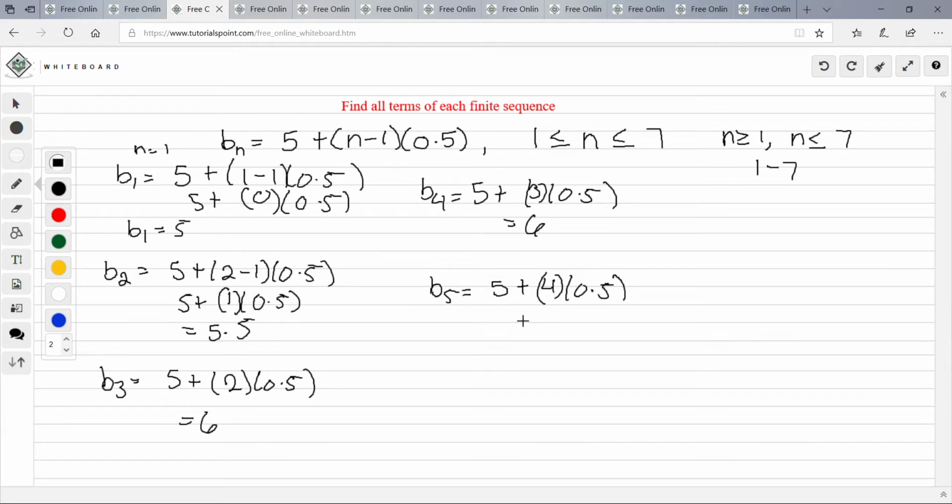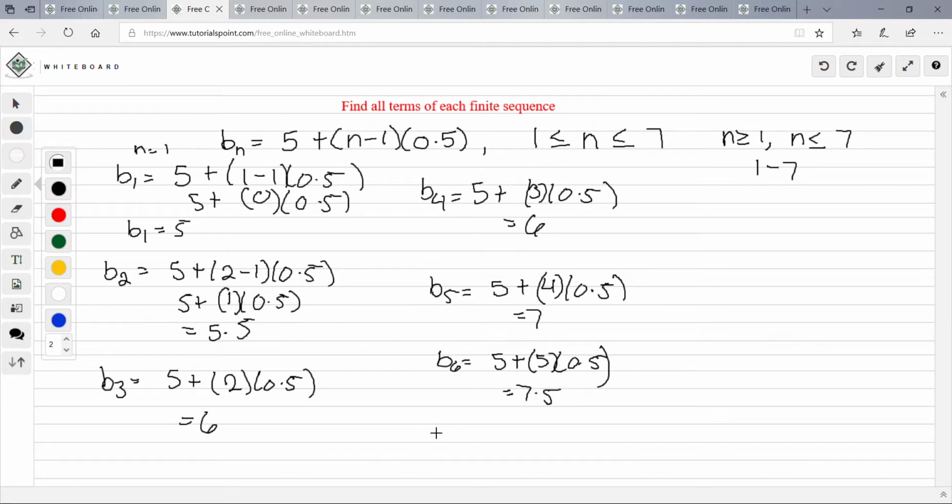So that equals 7. B6 is 5 plus 6 minus 1 is 5, times 0.5, and then that's 7.5.